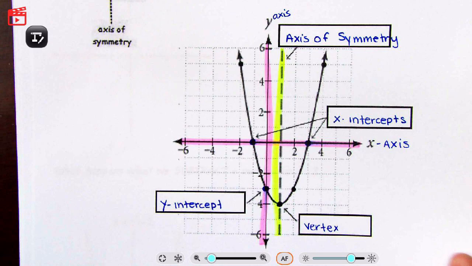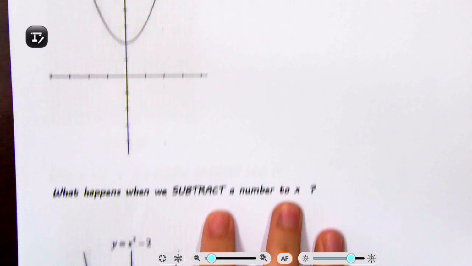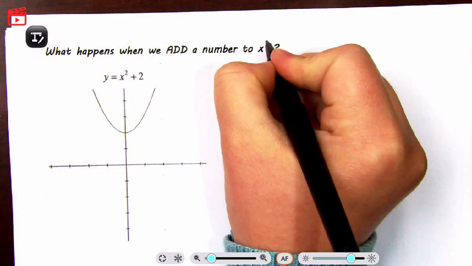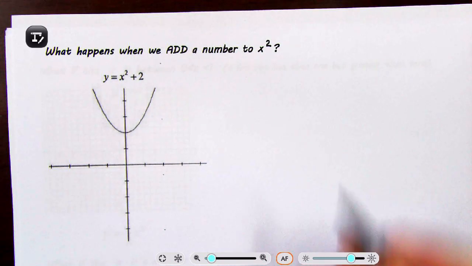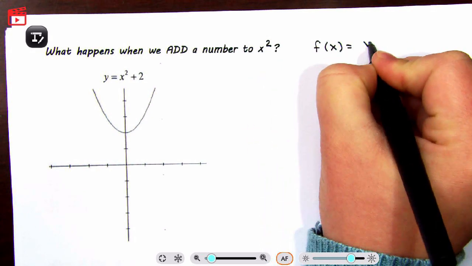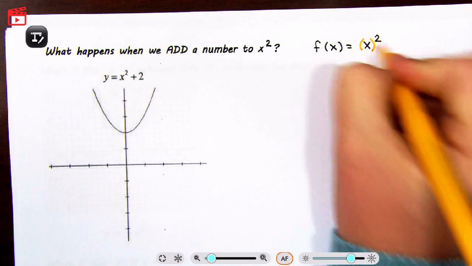Now, if we have something that is added to our parent function. So our parent function is x squared. Now remember, let's write this out. f of x is equal to x squared. Remember, there's a secret bubble that groups x.